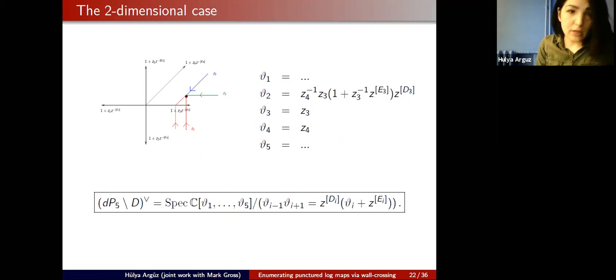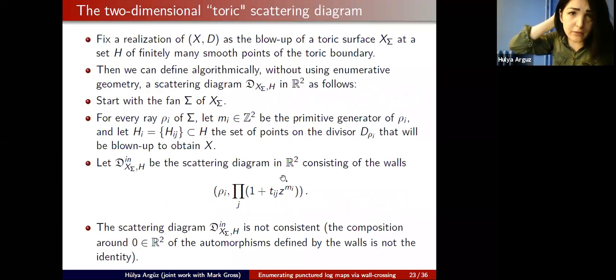So the mirror family to dP5 is given by Spec C of all these theta functions modulo these relations. So when you know all this data of what to attach to walls, your wall crossing functions, you can construct a homogeneous coordinate ring out of this data, and this will be your mirror family proposed by Gross-Siebert. Gross-Hacking-Keel in dimension 2 and Gross-Siebert in higher dimensions. All right.